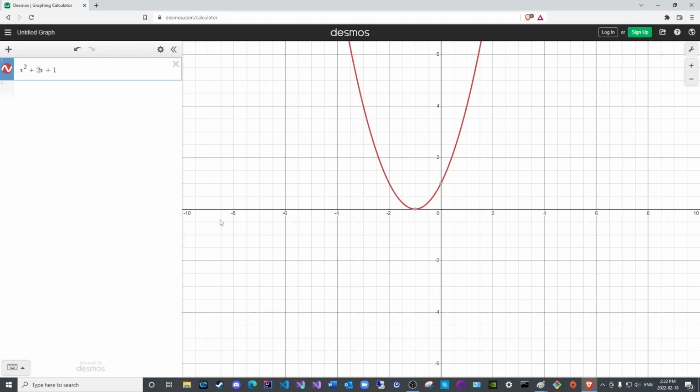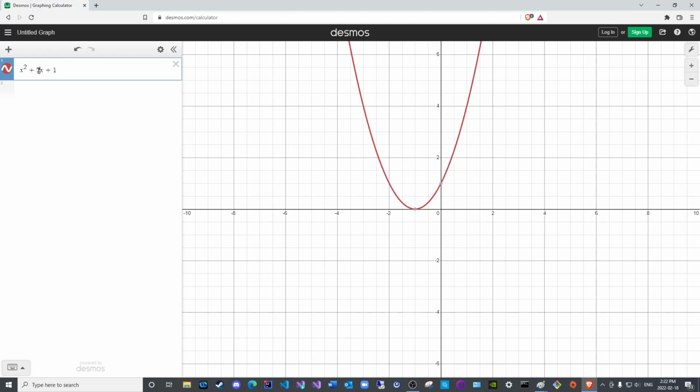Positive y, negative x is the second quadrant. Negative x, negative y is the third quadrant. Negative y, positive x, fourth quadrant. So as you can see, it started to shift into that direction, or you can say southwest a bit.